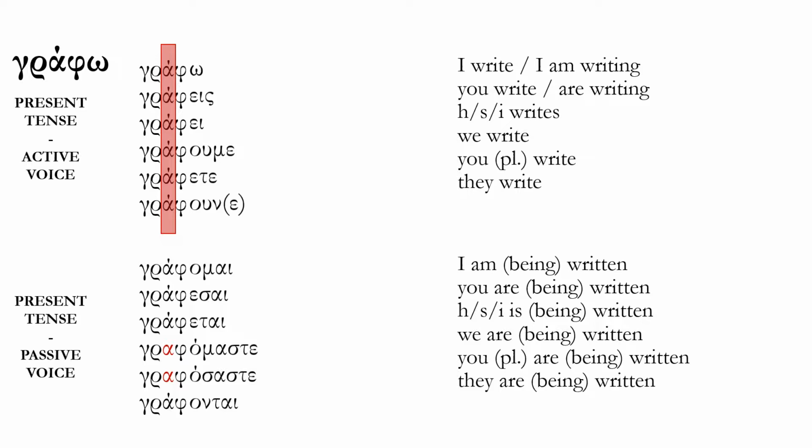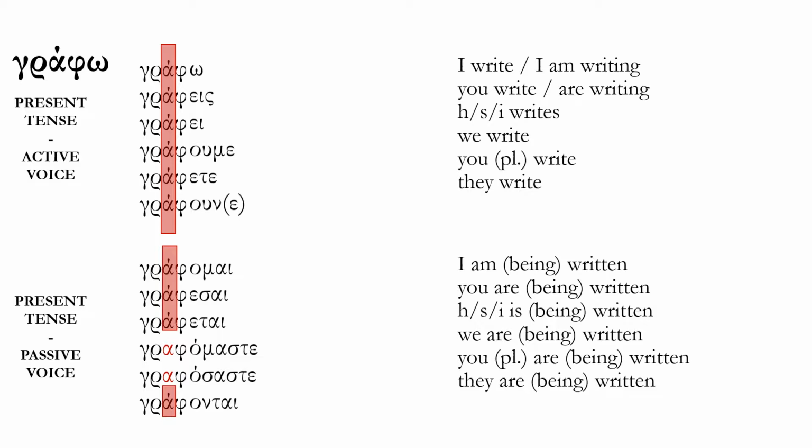Okay, now let's take a closer look at this part here. You can see that the alpha in the active voice is the same in graf, and all of them have the accent, the tono or the oxia, as it should be called, on the alpha, and it's there for all six persons. What happens down in the passive voice, however, is we get it in the beginning and we get it in the end.